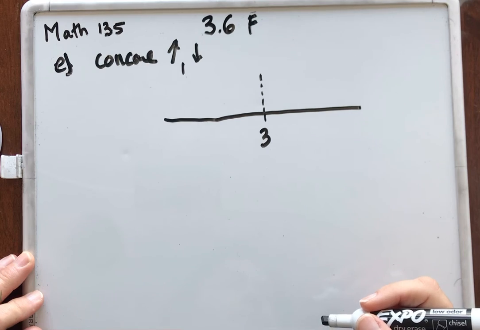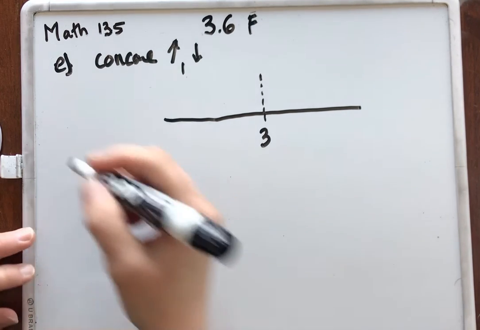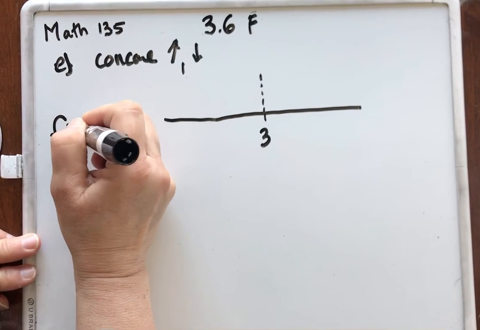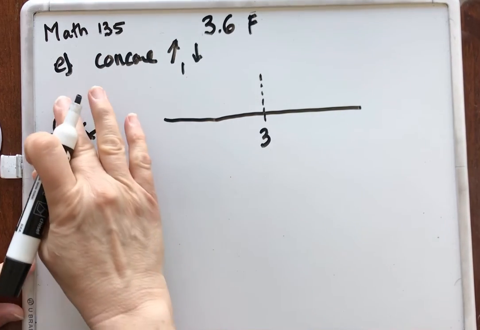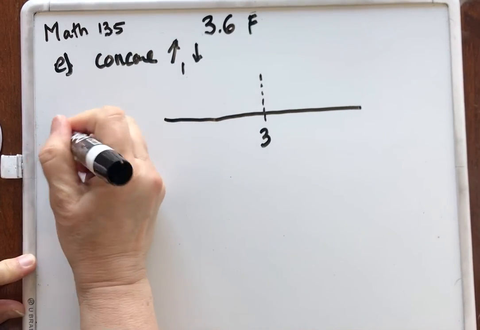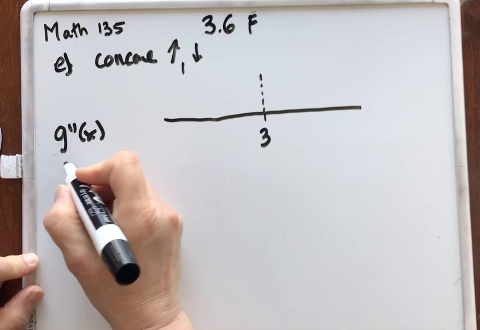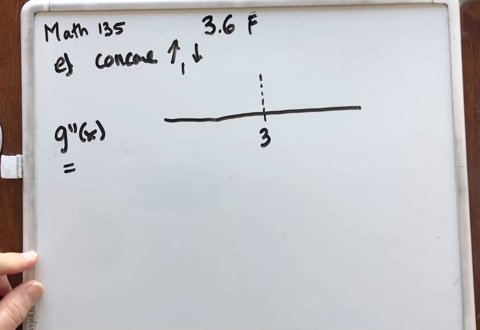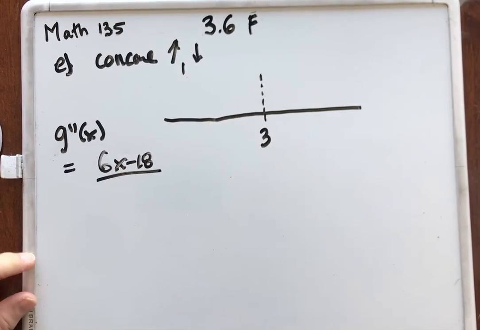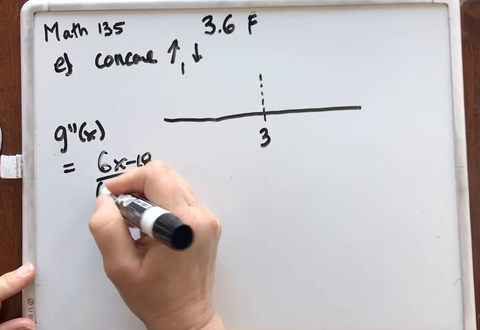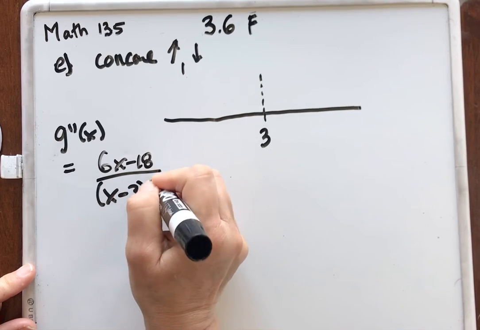Now what we have to look for is g double prime to see what happens to that. So let's go back to g double prime, that's what we were working with. We stated that g double prime was (6x minus 18) all over (x minus 3) to the 4th.